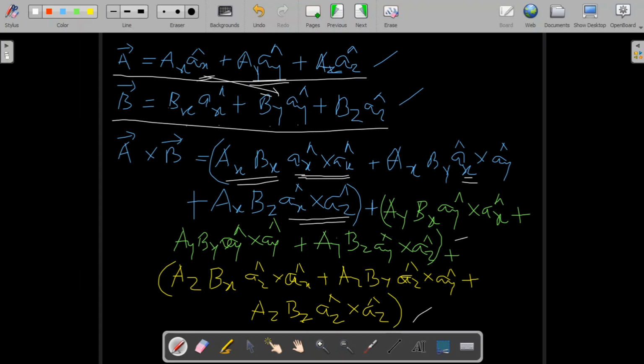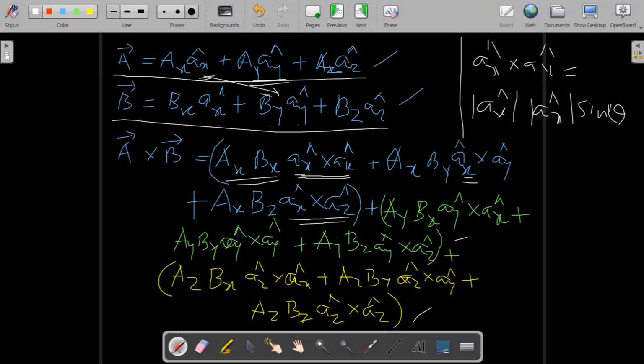What will be x cap cross x cap? From the definition of cross product, it is the magnitude of ax cap, the magnitude of ax cap, the sine of the smallest angle between them, that is sine theta, and the direction of the new vector is an cap.